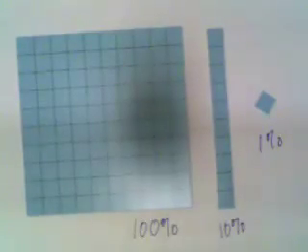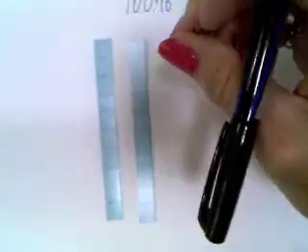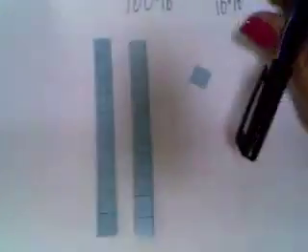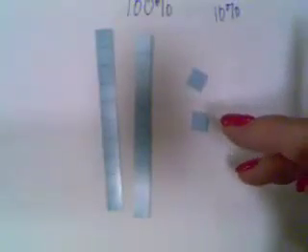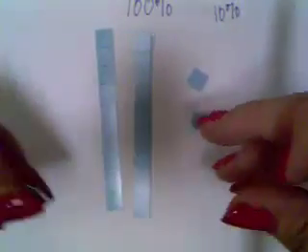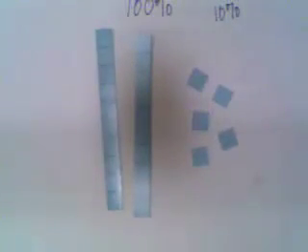So if we want to represent 25% using our manipulatives, then we would have two tens, and we would have 5 units. And so we have 25%.